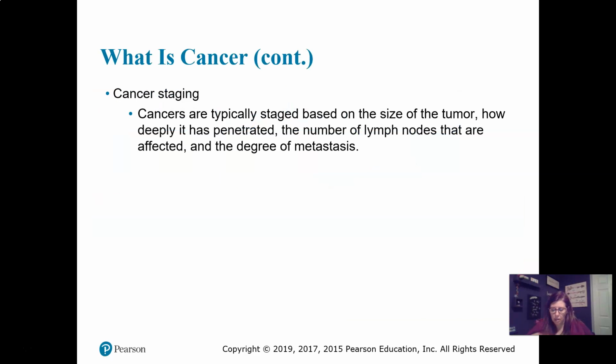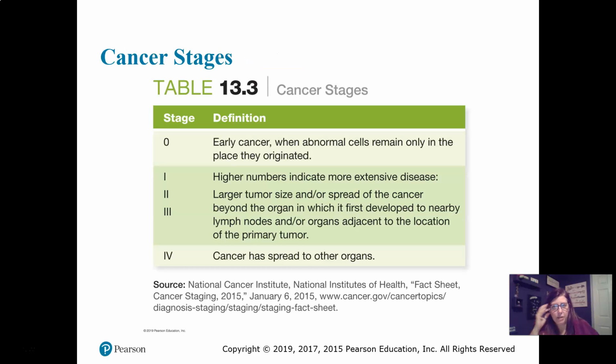Cancer staging is a classification system that describes how much cancer has spread at the time of diagnosis. Cancers are often staged based on the TNM system: tumor, node, and metastasis. So here's a table of cancer stages, and at 0, we're at the early cancer stage when abnormal cells remain on or only in the place where they originated.